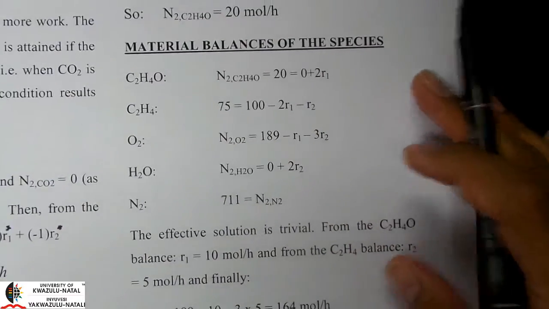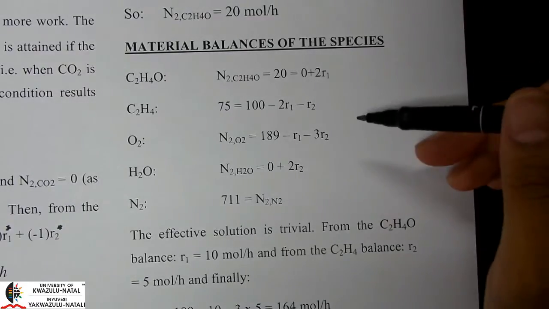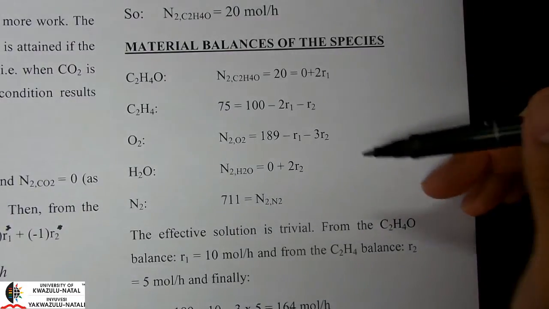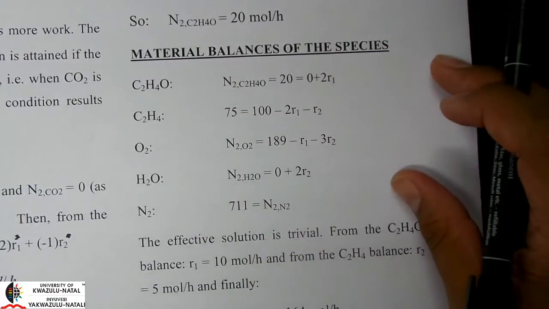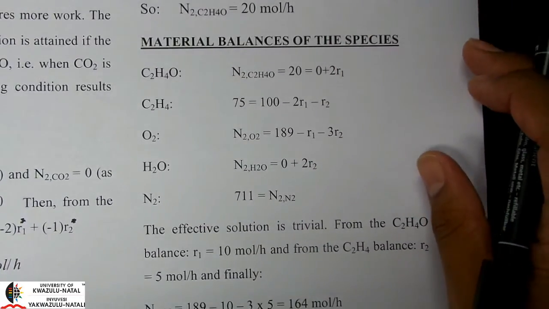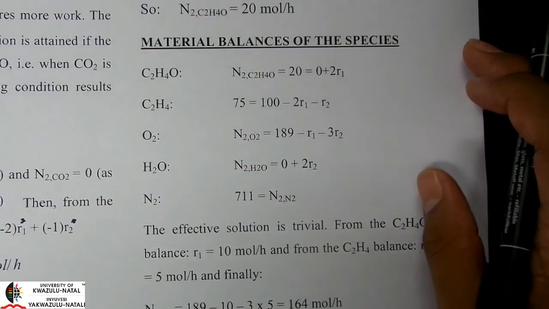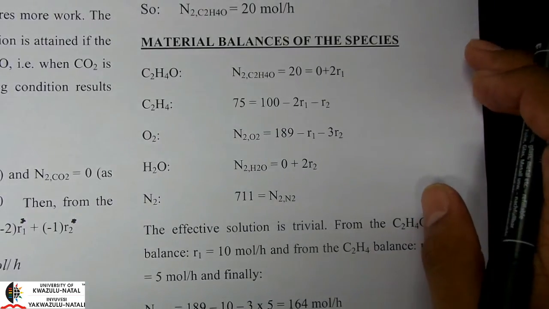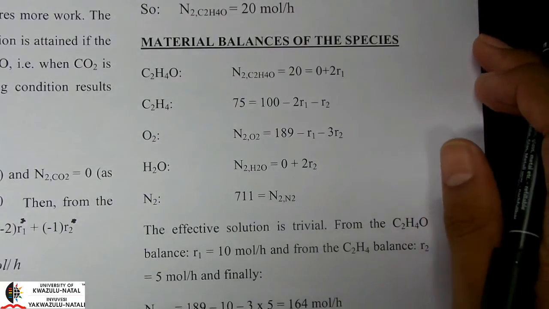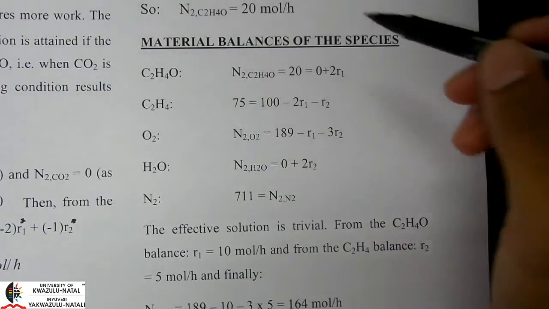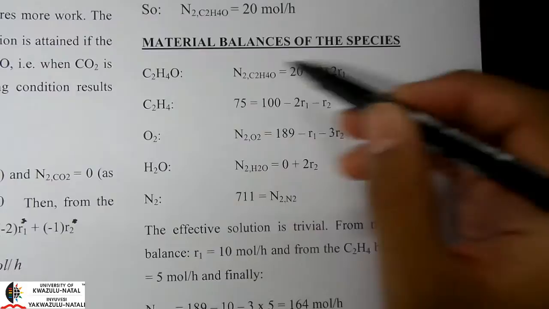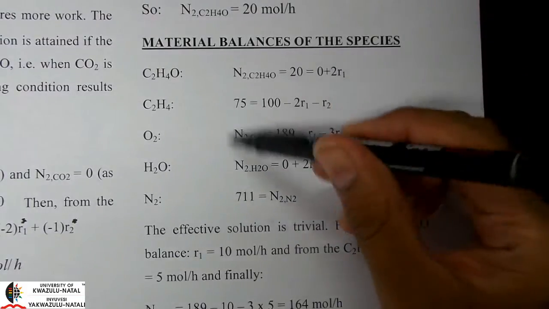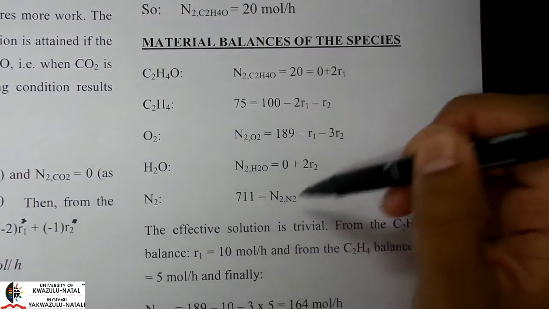Okay, and the typical procedure is as follows. Once we have completed our degree of freedom table, we try to make use of our conversion and yield subsidiary relations first, and thereafter see what we can solve for, and thereafter perform our actual material balances. Okay, and this is standard stuff.